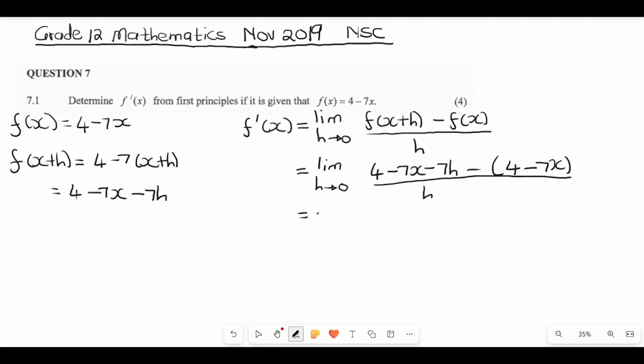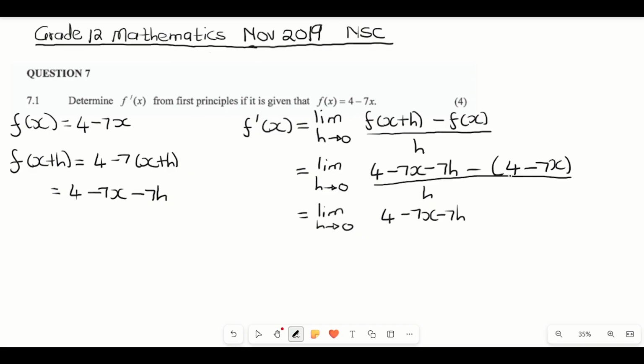Next step equals to, see, I'm still writing lim h approaches 0, because I haven't made my h to be 0 yet, we have 4 minus 7x minus 7h.